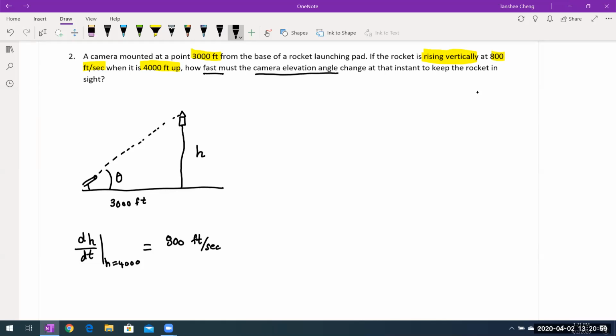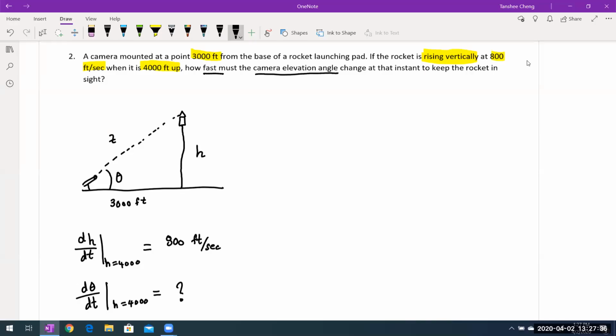In this case, we want to know dθ/dt, the rate of change in the angle of elevation with respect to time when the height is 4,000 feet at that instance. Are there any questions regarding this so far?